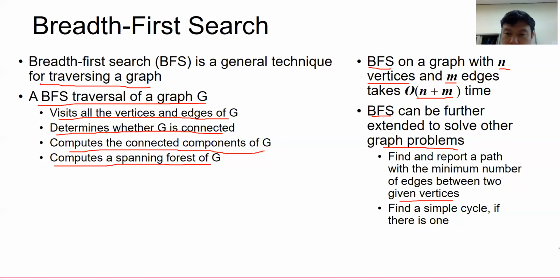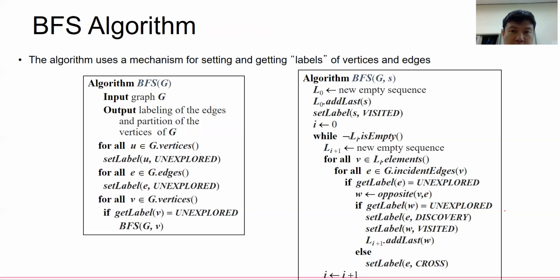And if you want to find a simple cycle, BFS is also good for that. So this is the algorithm, and we are going to check the details of this algorithm with an example.